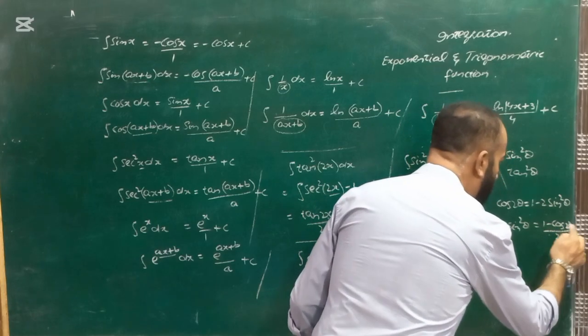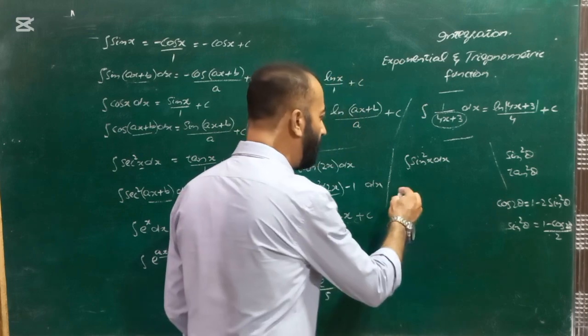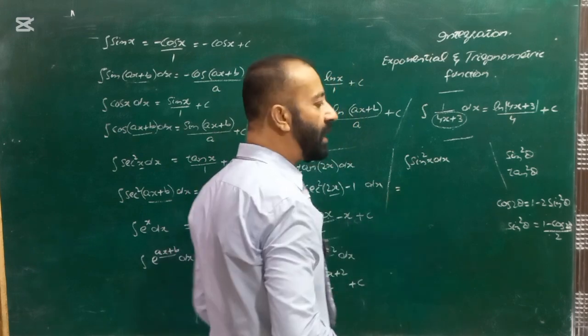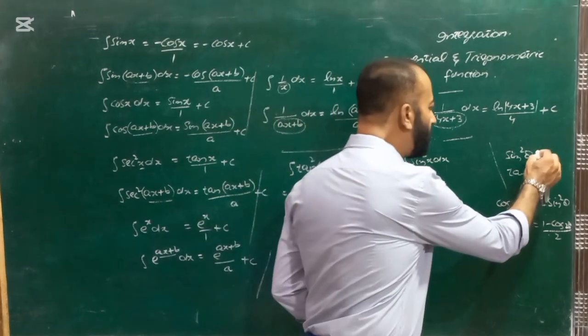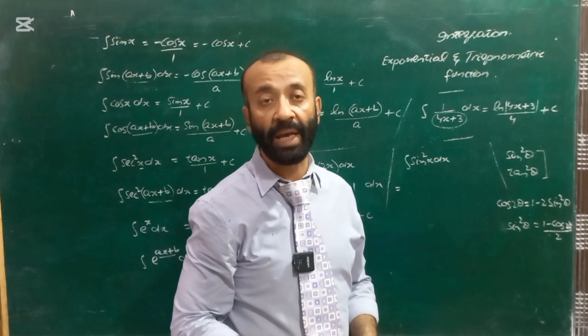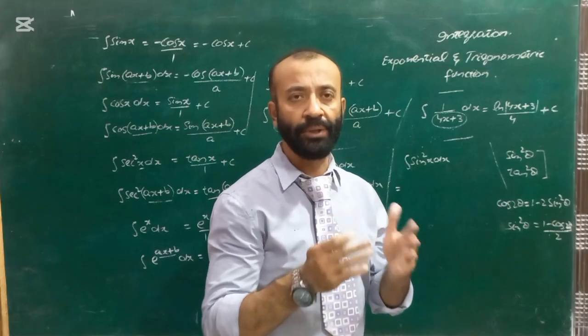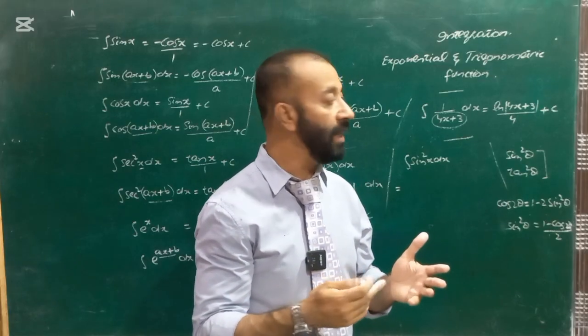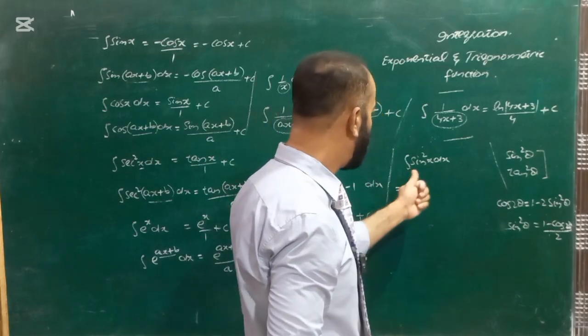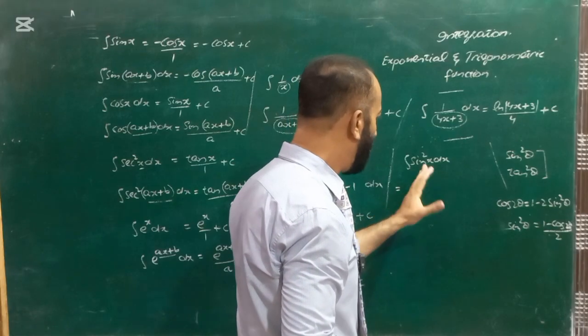So 1 minus cos 2 theta over 2. This is the formula of sine square theta that we will place here. So if sine square theta or tan square theta come, first we have to transform these values into something whose integral can be found, because it is not possible to find the integral of this thing directly.